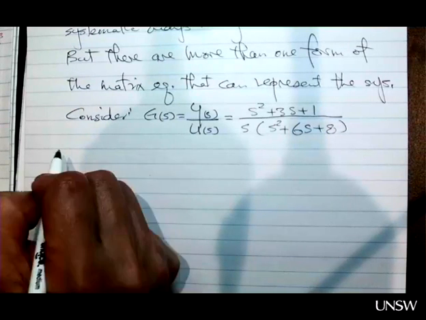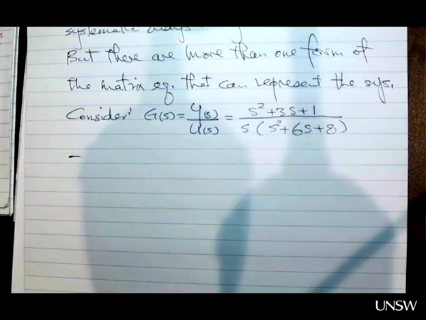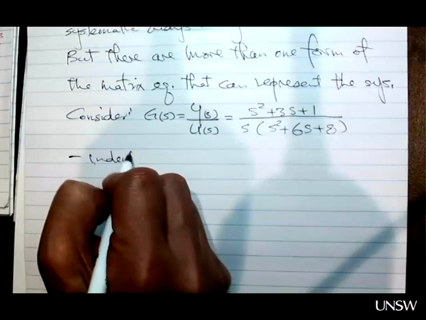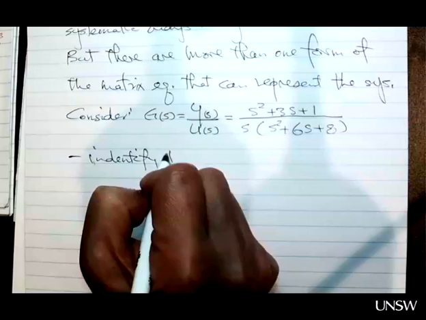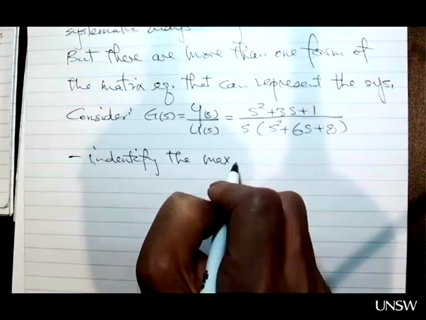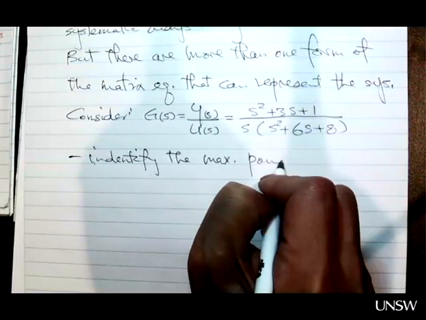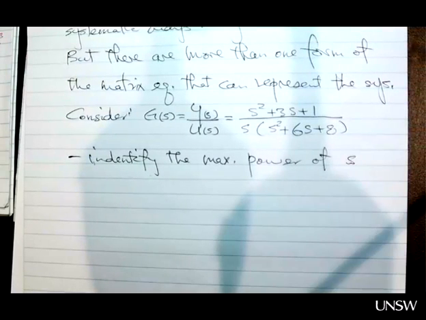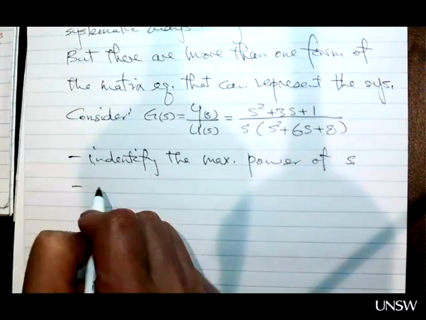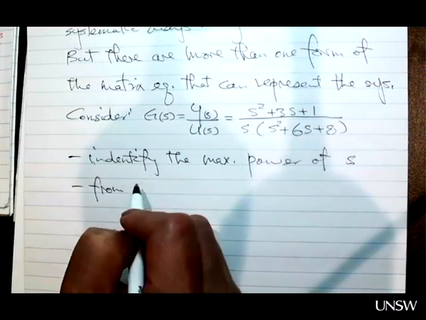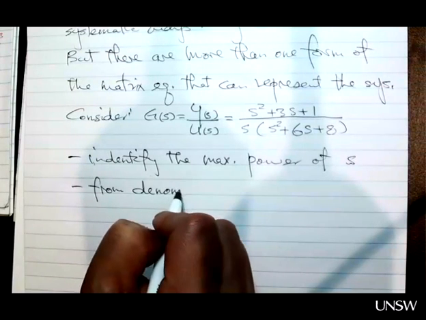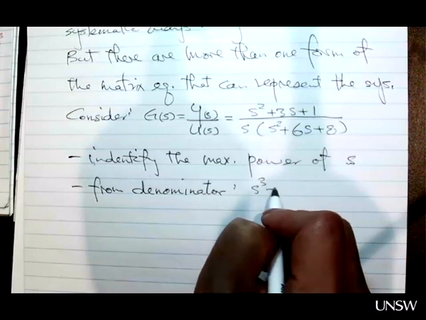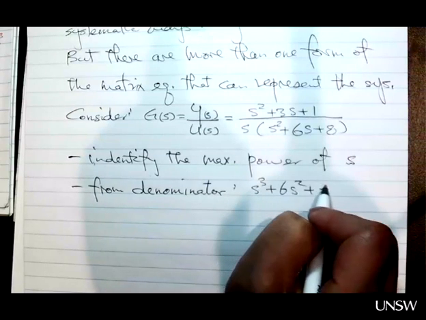So the steps or procedures that we will follow: we identify the maximum power of s. So in this example, from the denominator, it is s cubed plus 6s squared plus 8s.